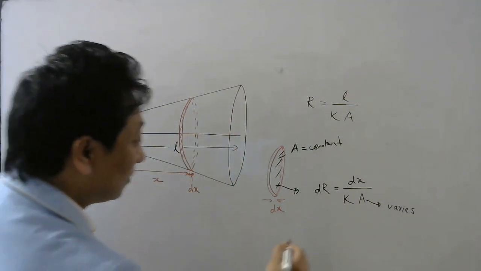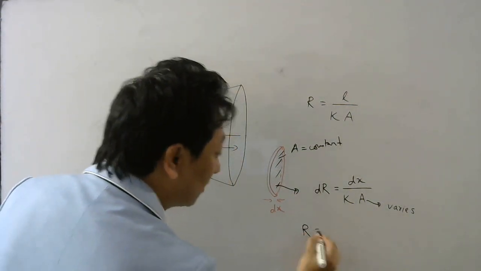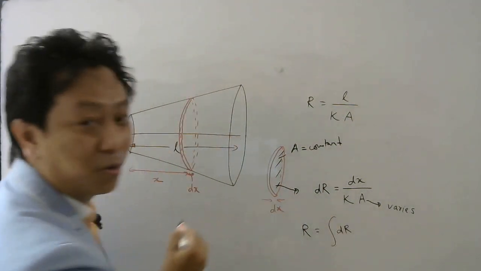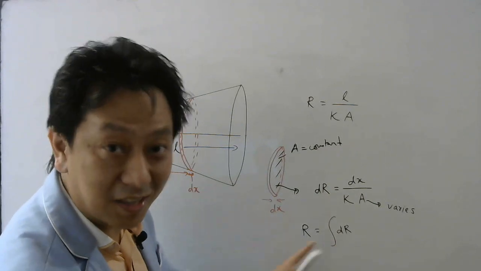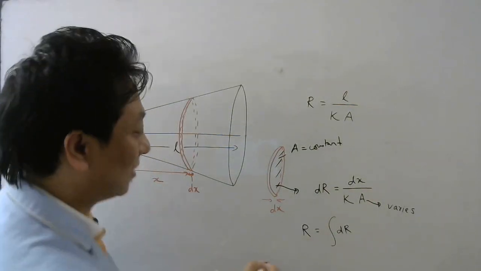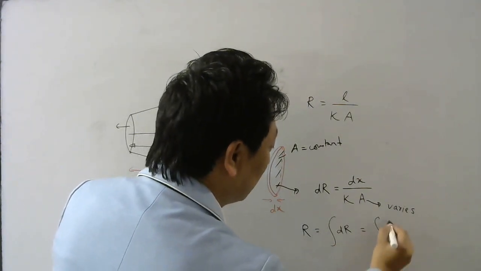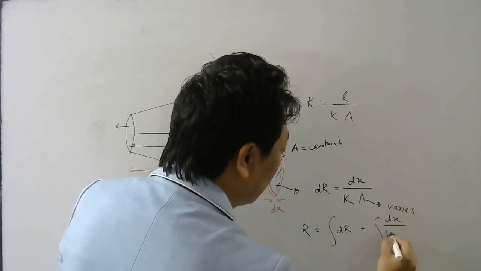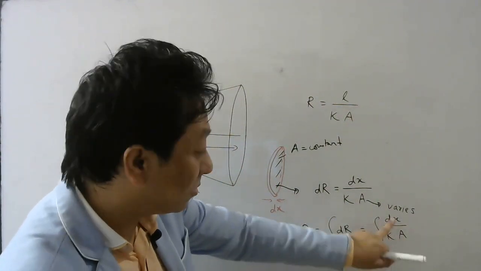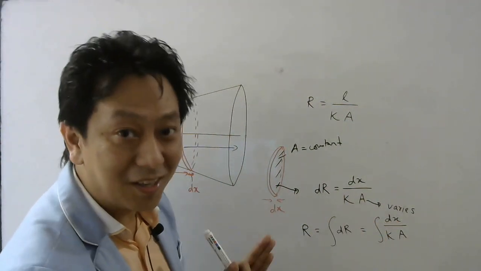Then to find the total resistance, what will we do? We will integrate dR, isn't it? We know the integral of dx is x. So the integral of small resistance will give you the total resistance. Therefore it will be the integral of dx divided by k times A. So if you can somehow find A in terms of x, then you can do the integration, right?